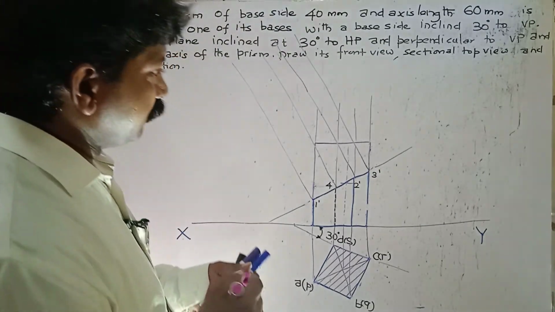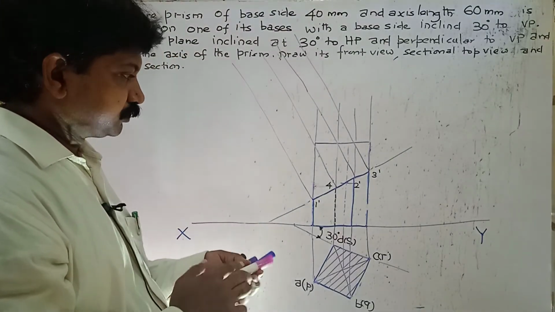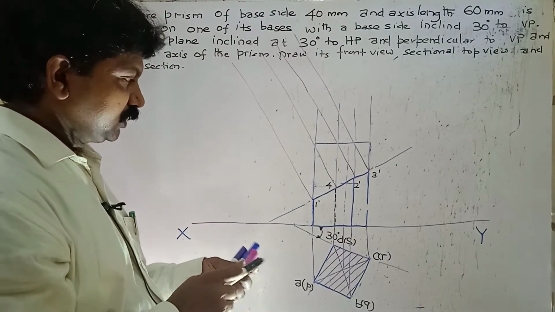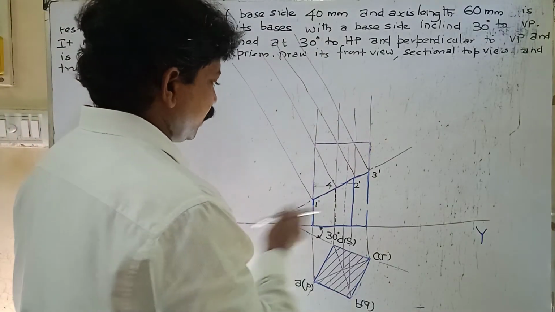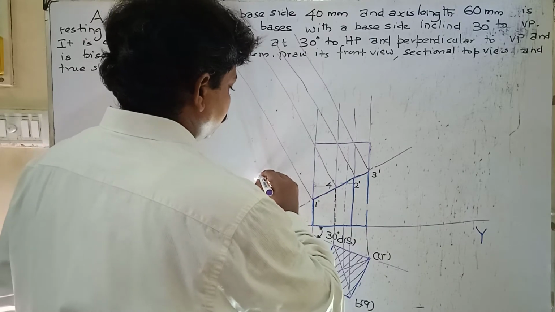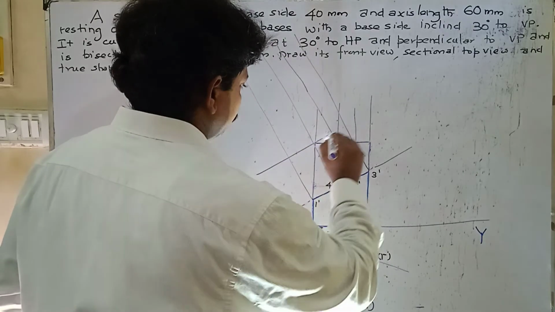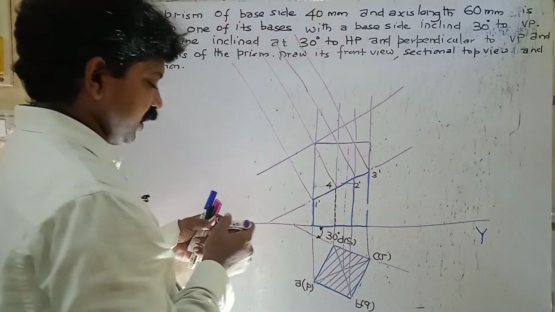Now draw another axis line using 2H pencil, leaving some distance: X1, Y1 axis line.